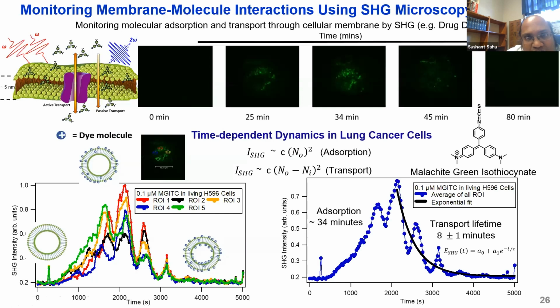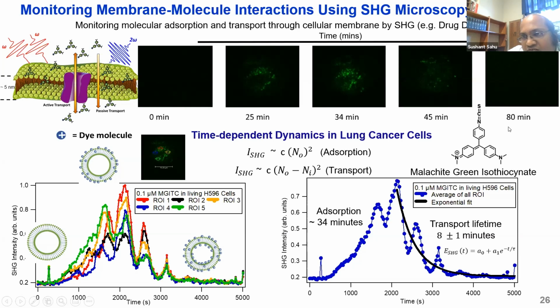And here I want to show you our recent results on looking at time dependent dynamics in lung cancer cells, single cells. Okay, so here there's a lot of information, and I want to explain it from here. What we did is SHG microscopy where we add this SHG dye, which is a good SHG scatterer, this malachite green dye.